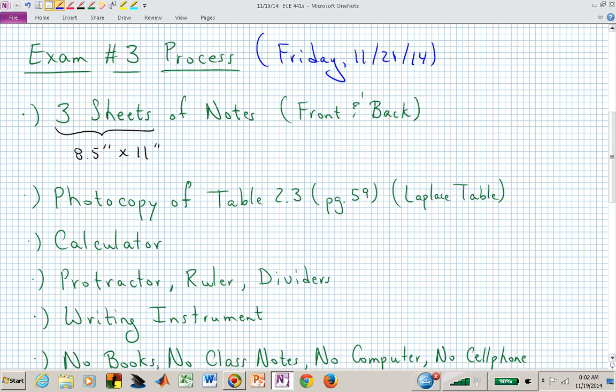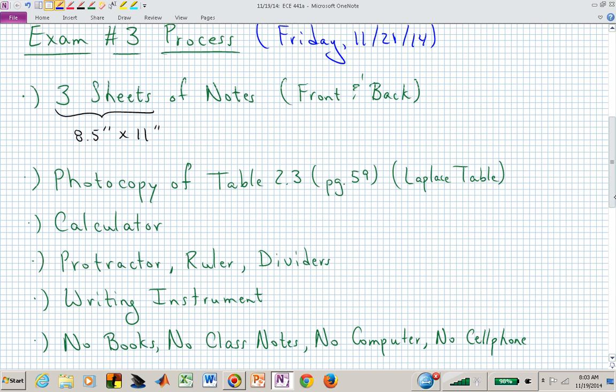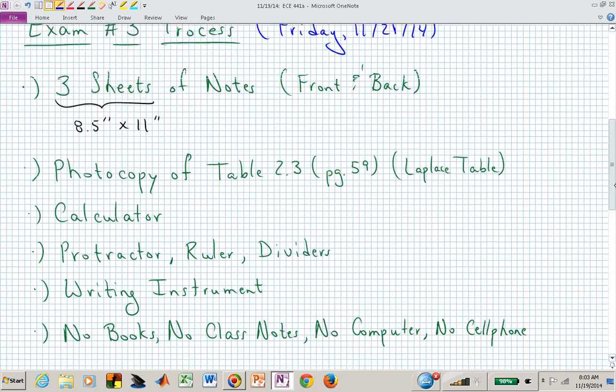You might want a straight edge, even if it's not a ruler, so that you can quickly draw some lines that might be helpful in sketching these root locus diagrams. Obviously, you need something to write with, but then there are several no's to be attentive to. I didn't put no neighbor, but you won't be allowed to access your neighbor on the exam either. But no cell phone, no computer, no class notes, and no book.